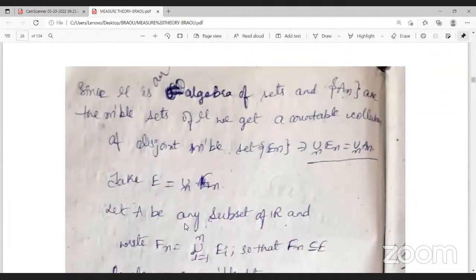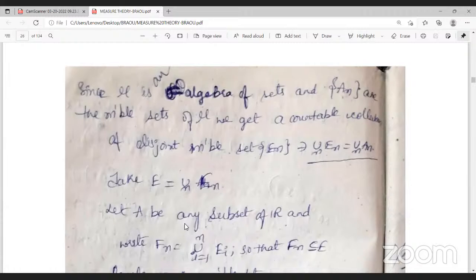Now, finally, assume this theorem is true up to n minus 1.